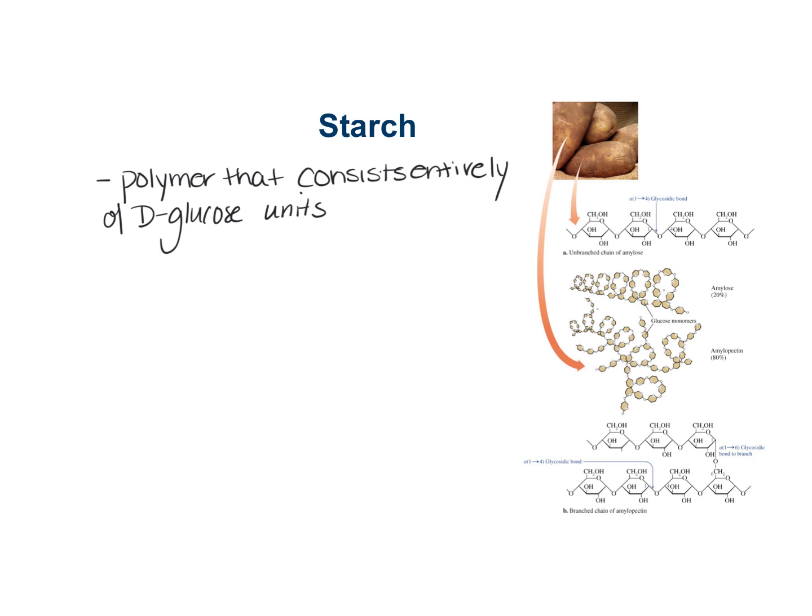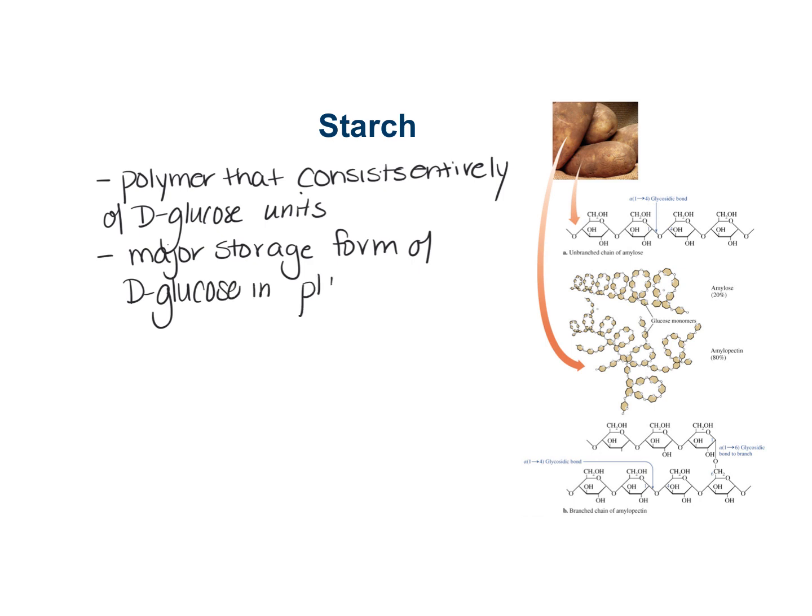It's the major storage form of D-glucose in plants. And it has two starch fractions, amylose and amylopectin. So it's got two components, right? One is amylose.